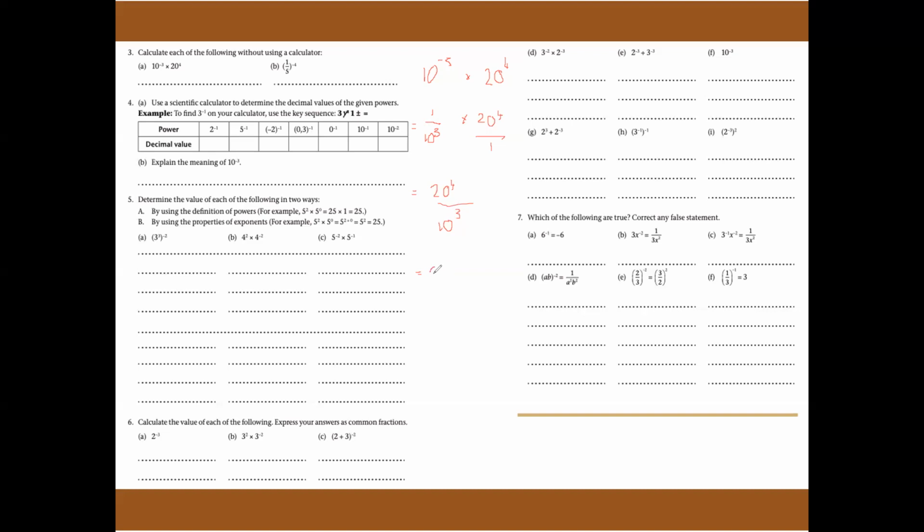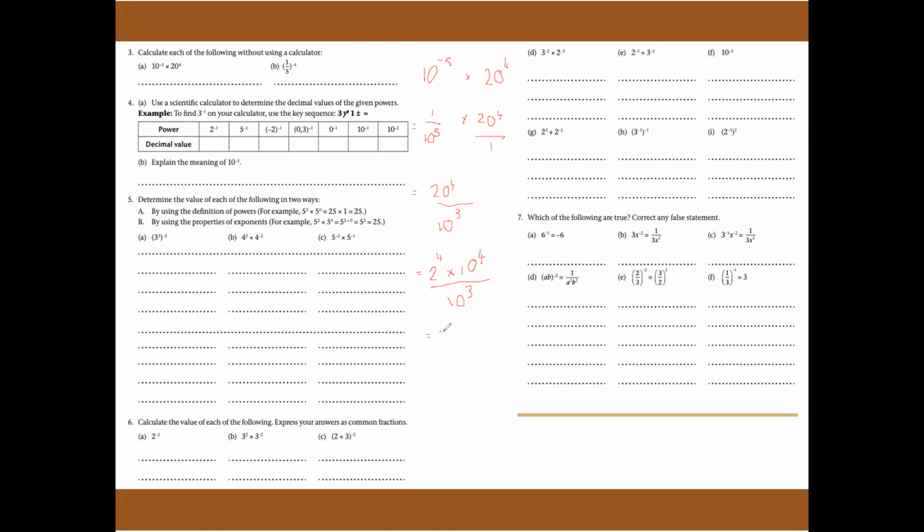But when you take out a 2 and a 10, this to the power of 4 applies to both numbers. Then you got 10 to the power of 3. Now you have that 10 to the power of 3 and 10 to the power of 4, and this 10 to the power of 3 can cancel out because 10 to the power of 3 can go in there 3 times.